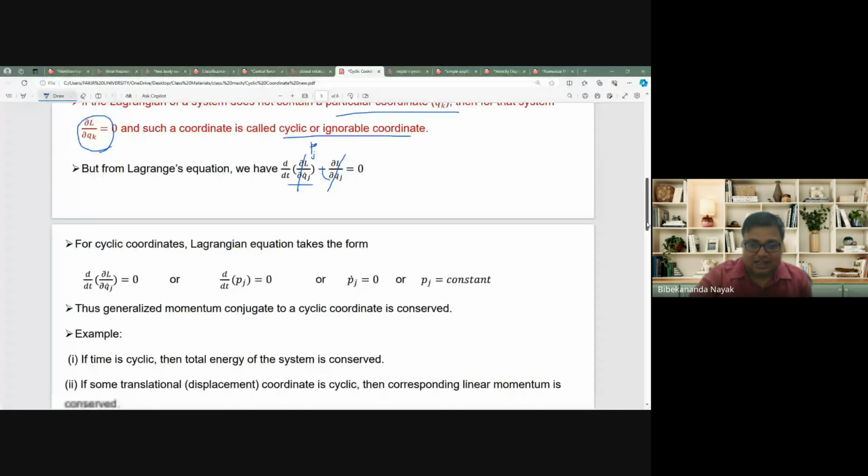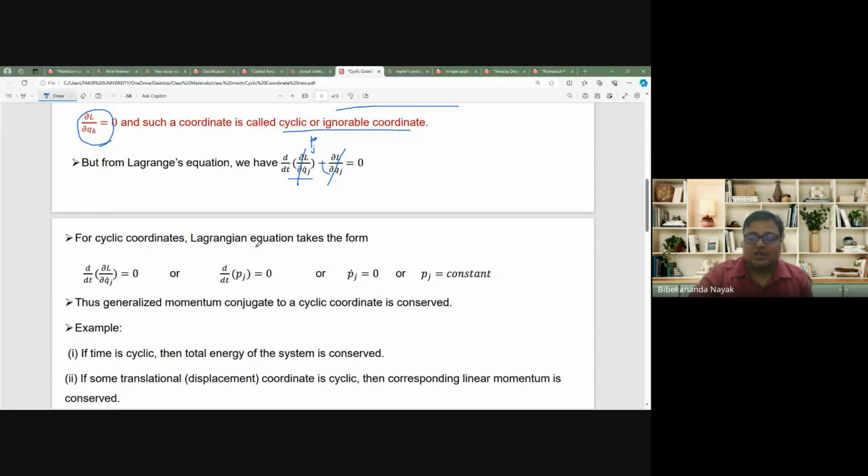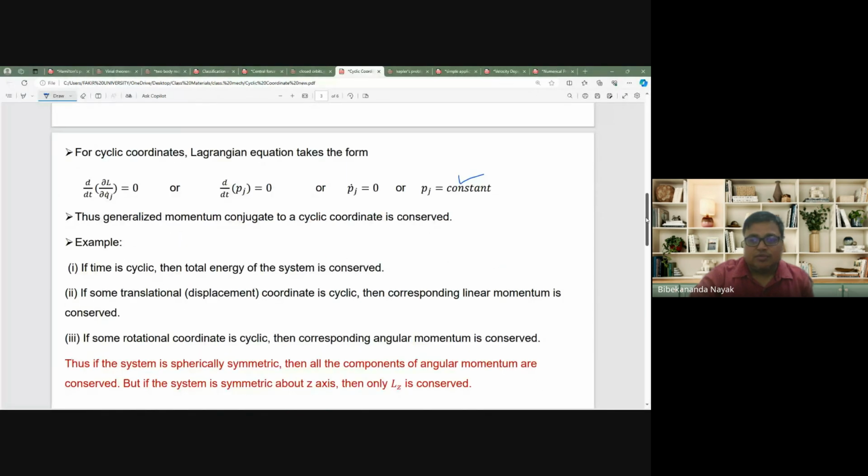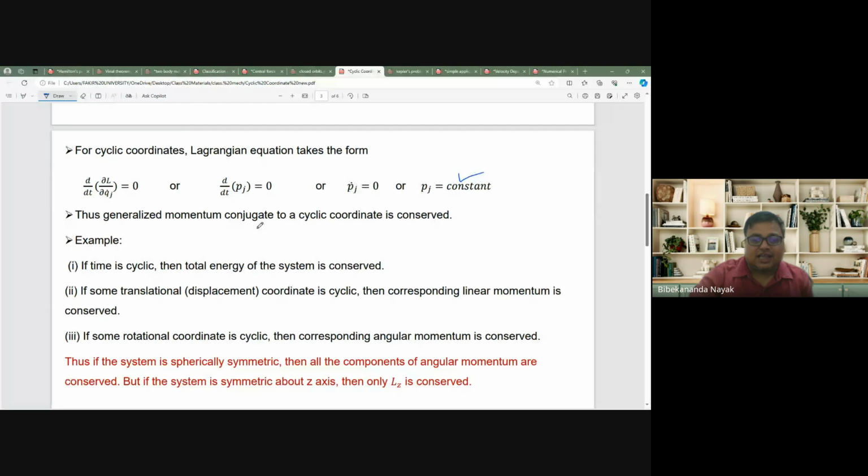So for a cyclic coordinate, the corresponding momentum, or conjugate momentum, is a constant of motion. So why is it important? For a cyclic coordinate, its conjugate momentum is a constant. Okay. So actually we see if time is cyclic, if time does not appear in the Lagrangian, total energy is a conserved quantity, or the corresponding momentum is energy, which is a constant.